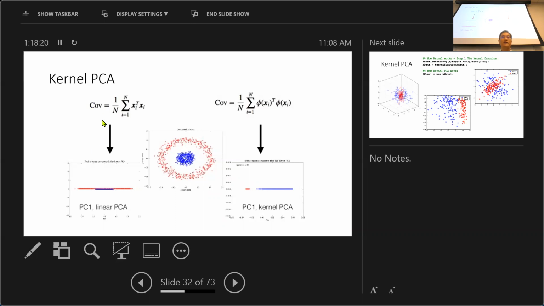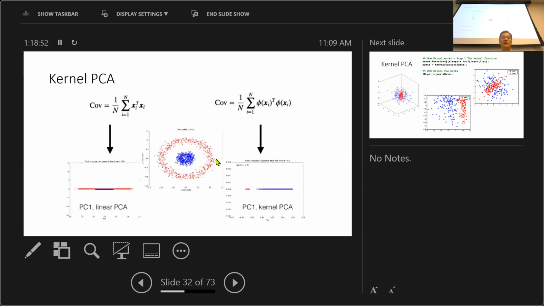This illustrates the kernel version of PCA. In PCA we need to compute the covariance matrix between variables, and look at this variable has already been transformed using the kernel feature mapping function, and then after the transform you do the same covariance matrix computation, and the points become separable.